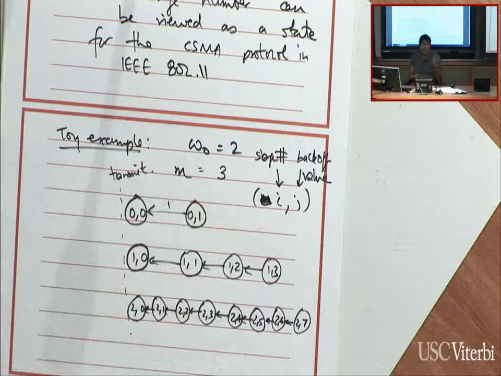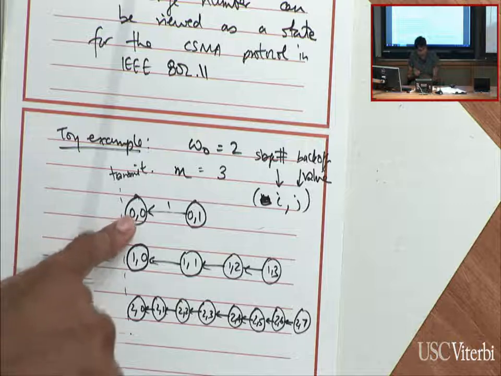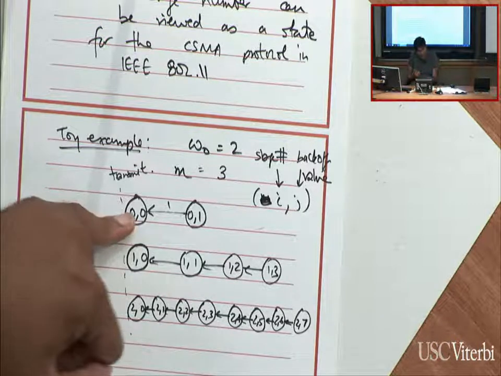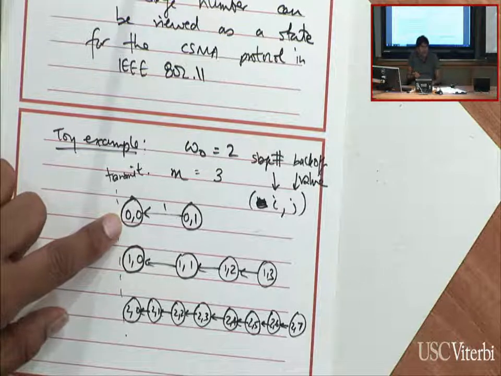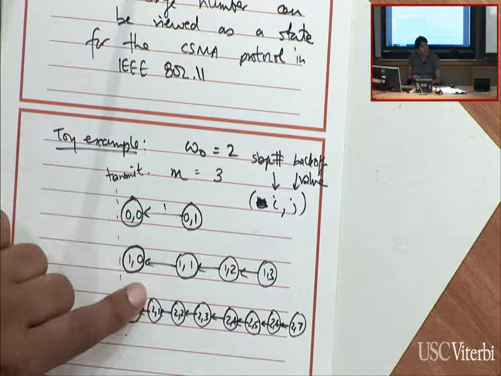And if they transmit, one of 2 things will happen. With a certain probability, that transmission will be successful, in which case you will come back to the first stage or the 0th stage. And if it's unsuccessful, meaning there's a collision, you'll go to the next stage. Right?